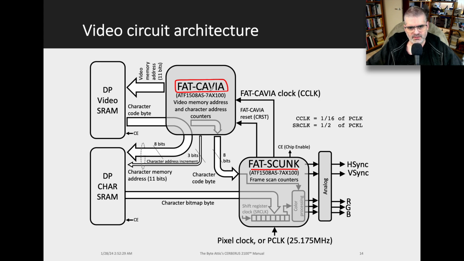The first one, Fat Cavia, is responsible for continuously scanning the video memory and the characters in the character memory that correspond to the character codes that are read out from video memory. So it has a number of counters inside to produce the addresses that address the video memory.